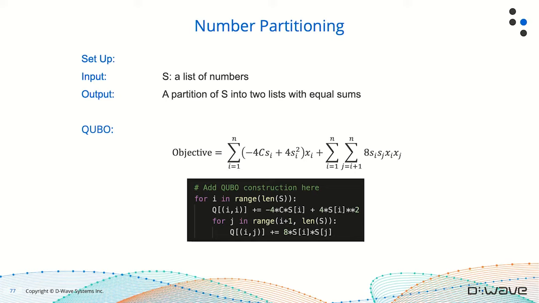The s's, those are entries in our list of numbers. And c is a constant number, which is actually the sum of all of the numbers in the list. Now, this QUBO, if you run it on the quantum computer, you should get back a nice partition of your list with equal sums. This problem only has an objective where you're trying to minimize the difference between the two sums. There are no constraints or anything for this problem.